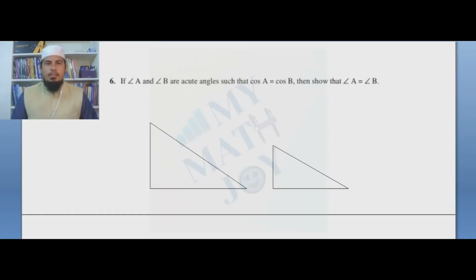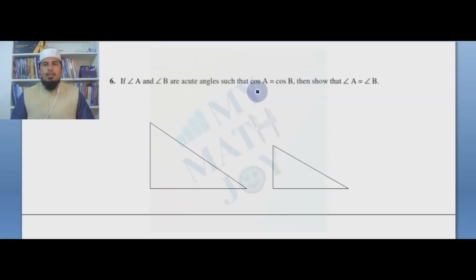What does he want us to do in this problem? Let us keenly observe. He's telling us angle A and angle B are two acute angles. He has not mentioned that angle A and angle B are two angles of the same triangle. That is the number one thing we have to understand.